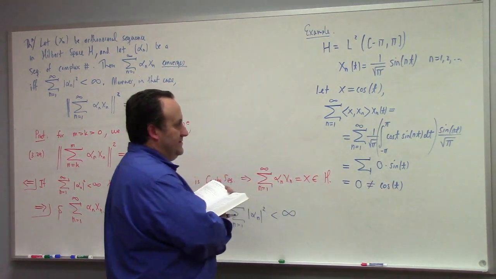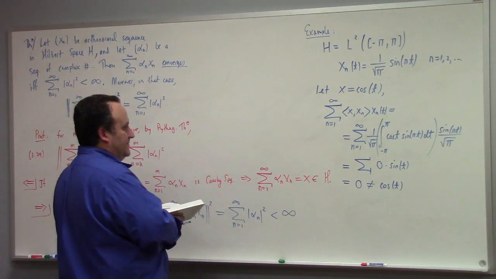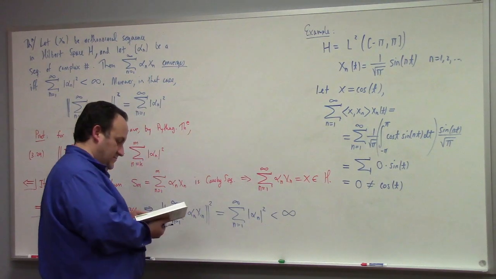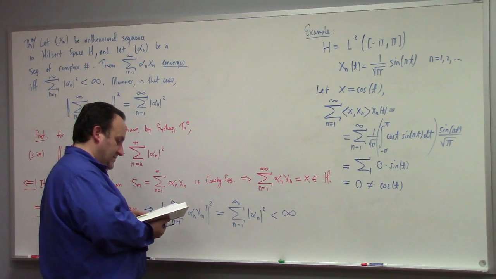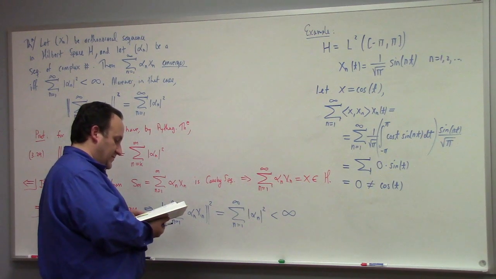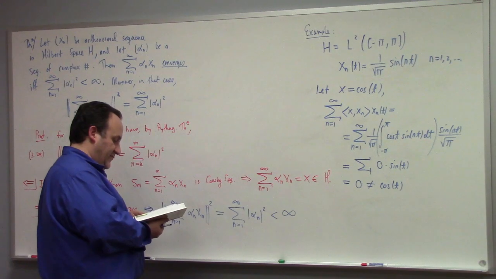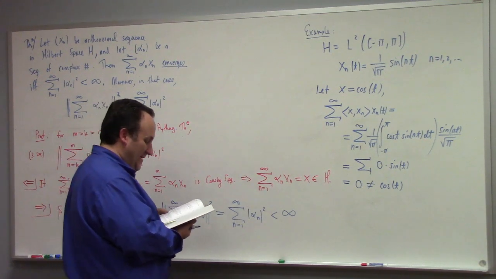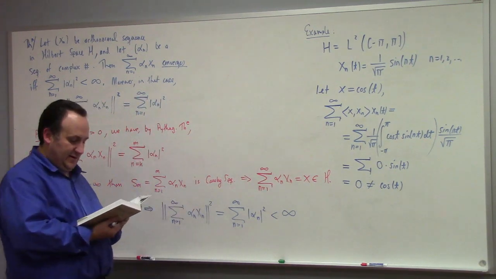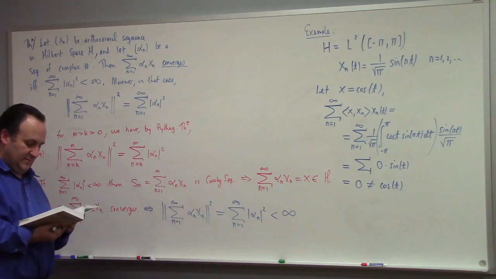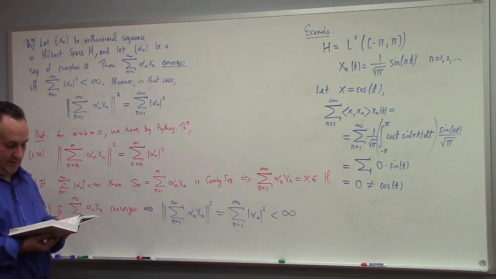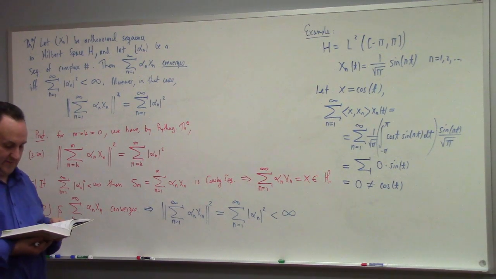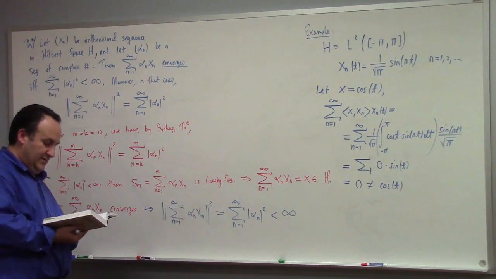So apparently, what does that mean? He says the theorem we just half proved implies that in a Hilbert space H, the series sum n equals 1 to infinity of the inner product of x with x_n times x_n converges for every x in H. However, it can happen that it converges to an element different from x.